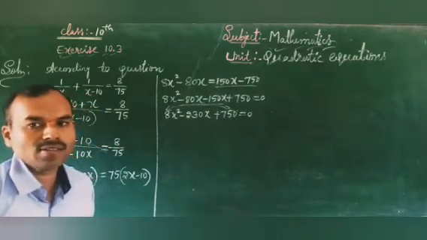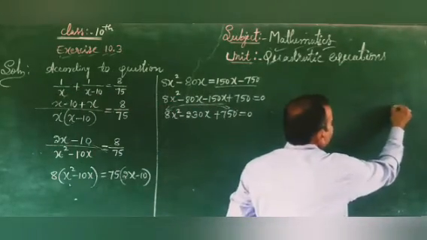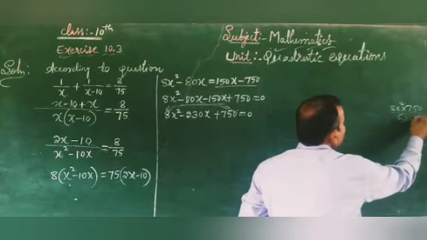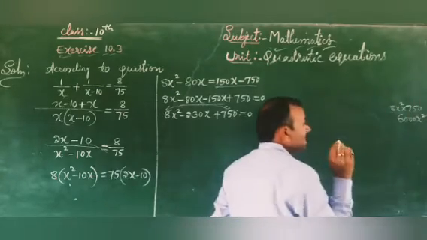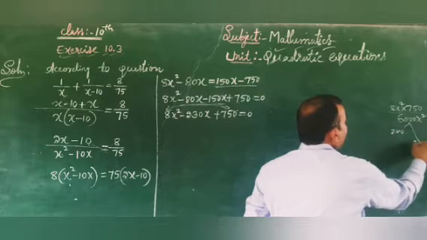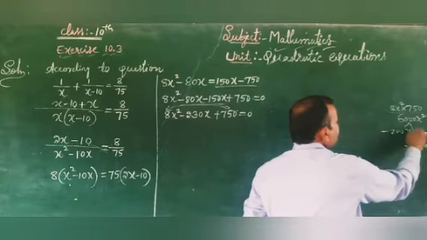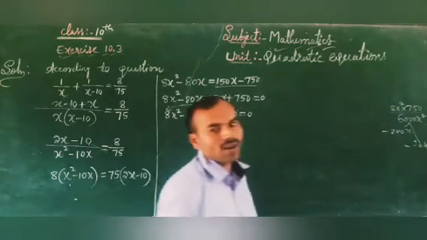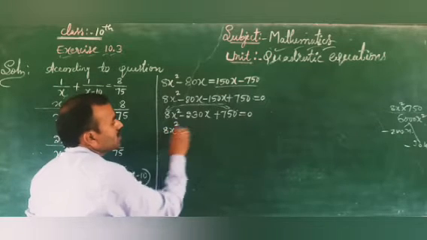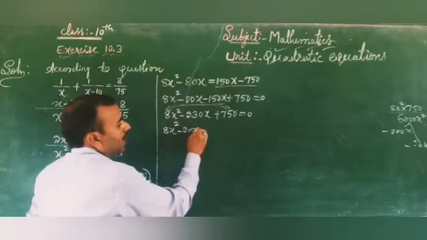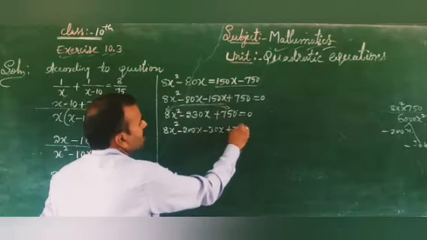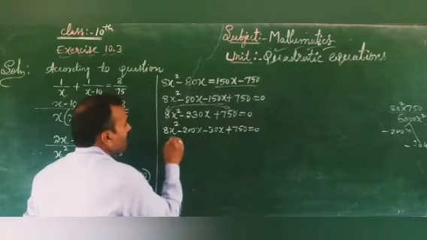Multiply the first term and the last term: 8x square into 750 is 6000x square. Split the middle term 230 as 200 plus 30, whose product is 6000. So 8x square minus 200x minus 30x plus 750 equals 0.